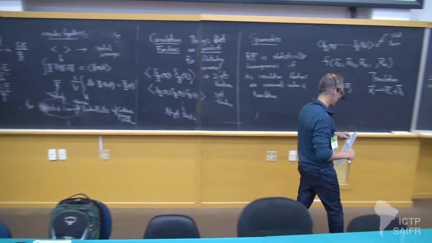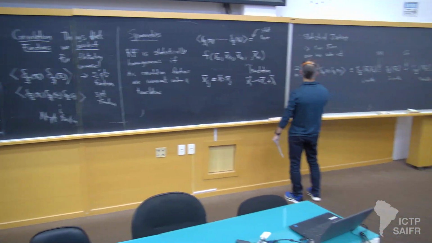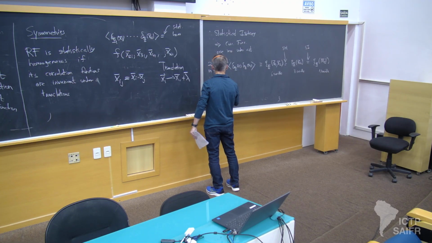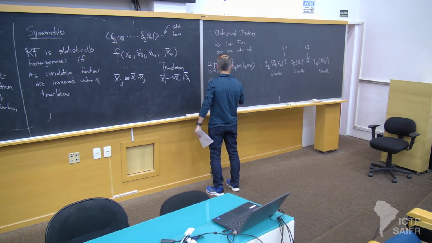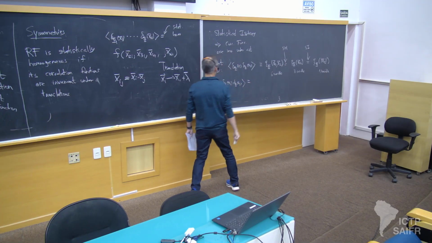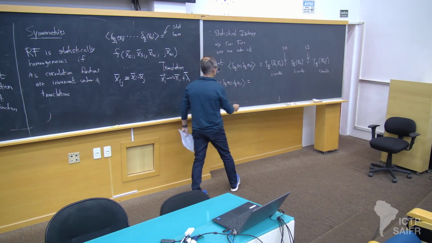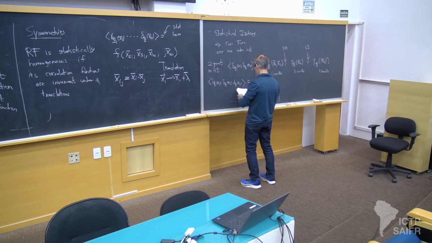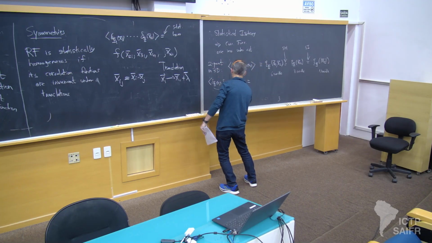Let's do one more point function, and then we can see the same thing. So now suppose I do the 3-point function. Okay, in general, this will be 9 variables, so it will be some function in 3 dimensions.